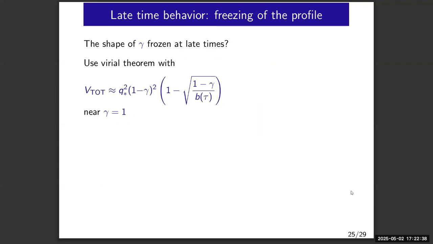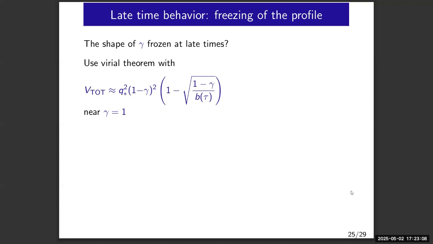But apart from the temperature dependence, you can also roughly understand the shape of the freezing of this gamma field at late times. We use the virial theorem with this approximation of the potential, which is basically the expansion of the potential around gamma equals 1. If you do the expansion carefully, it's actually analytic, so this could be a linear term.